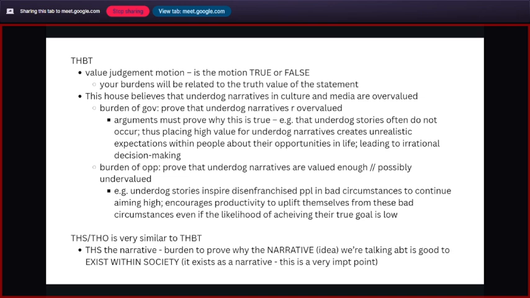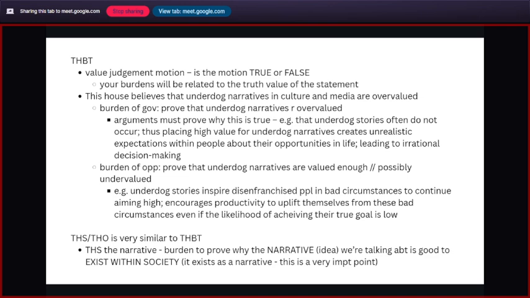Yeah, okay. So you also have to be supporting the idea that this narrative exists within society, right? So not only are you just trying to say yes, you also need to prove that this narrative is a good narrative, that it is good to believe the fact that hard work is necessary for success, but you're also trying to support people believing in this narrative, right?